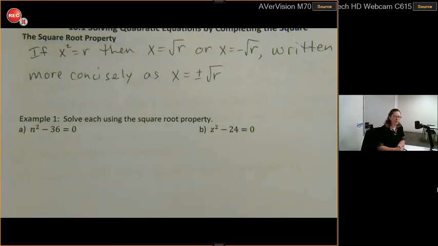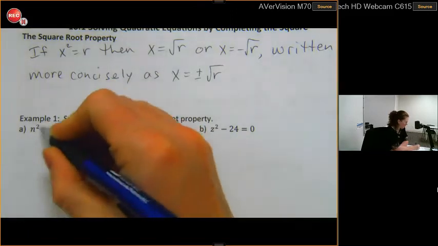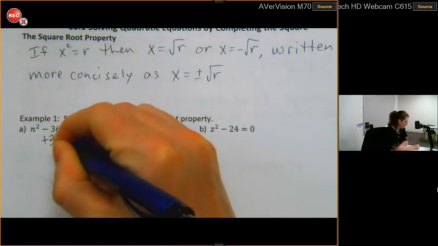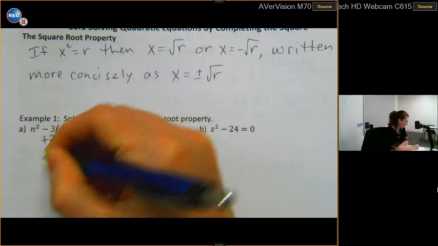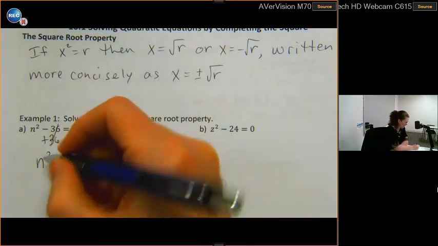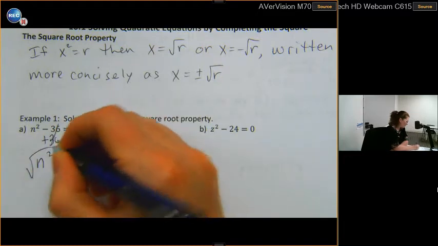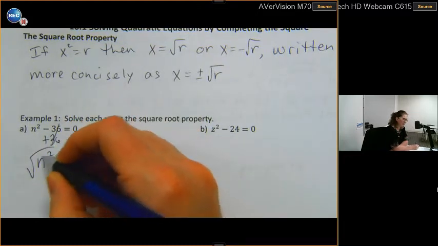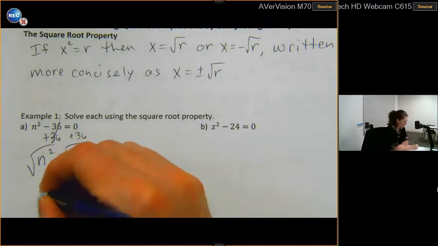Solve each using the square root property. So I'm going to get the n squared by itself. And then, since it's just n squared equals 36, I can square root. The square and the square root are inverses and they cancel.